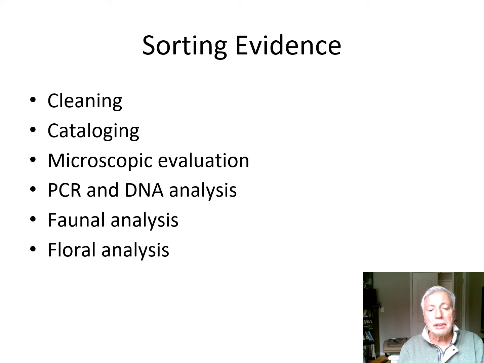Faunal analysis, as Tim White said, they collected many, many animal bones, is just what it is. It's the animal remains that are found at the site, and this gives us information about the hominid finds as well. Floral analysis can speak for itself.